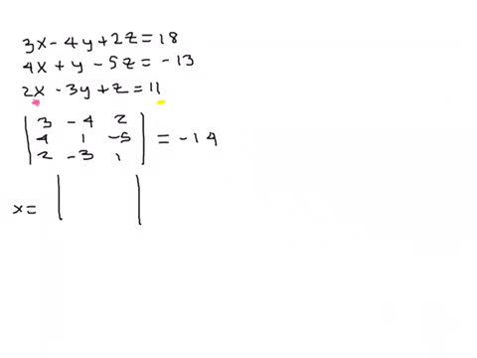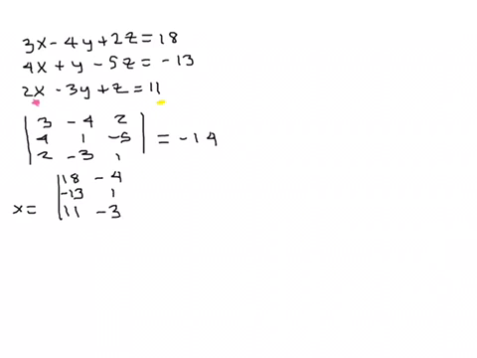So again, I'm replacing the x column. So the x column now becomes 18, negative 13, 11. And then the other columns stay the same. I'm going to need a little more room, so let's get rid of this. The y column stays the same as it originally was: negative 4, 1, negative 3.